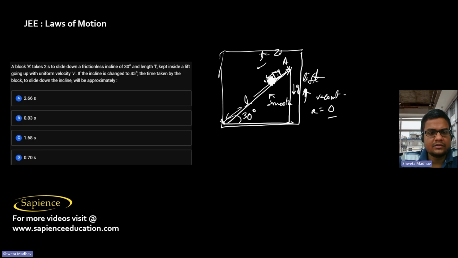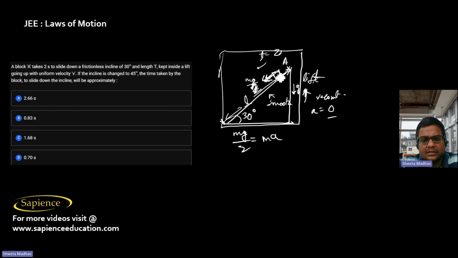So here we have initial velocity, it starts from rest here, and here mg sine 30, that is mg by 2, is acting down the incline. So mg by 2 is mass into acceleration, which is acting down the incline. So therefore acceleration is g by 2.